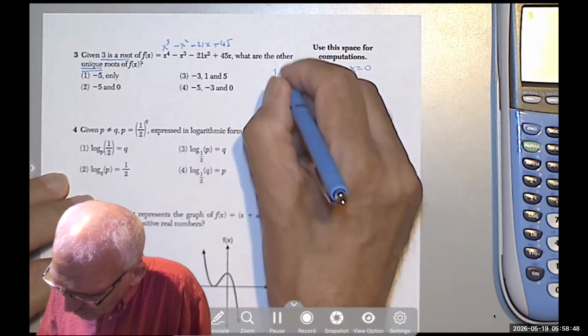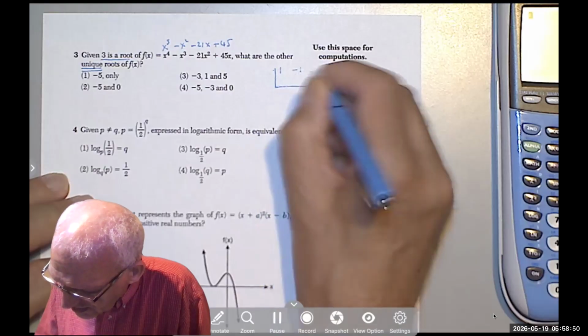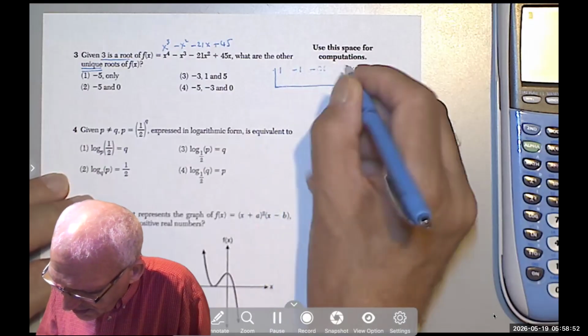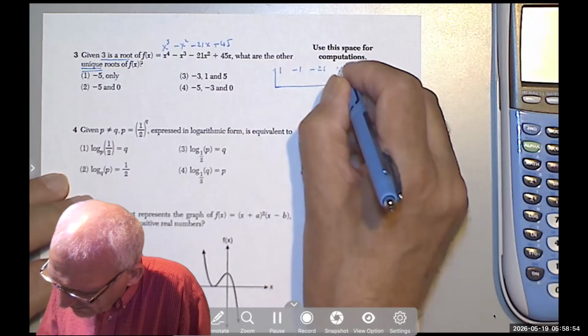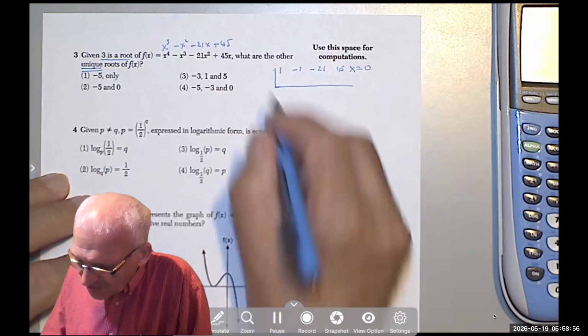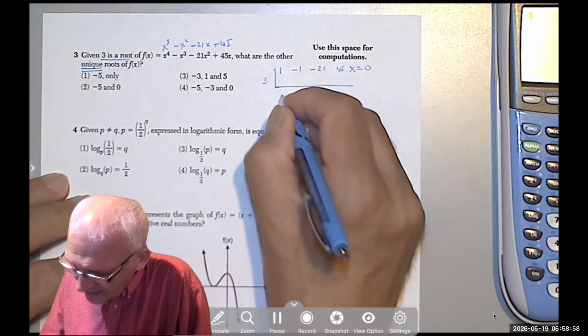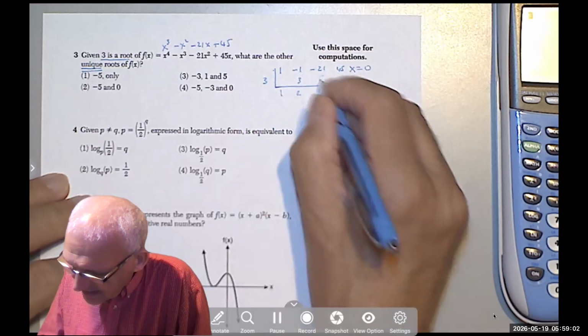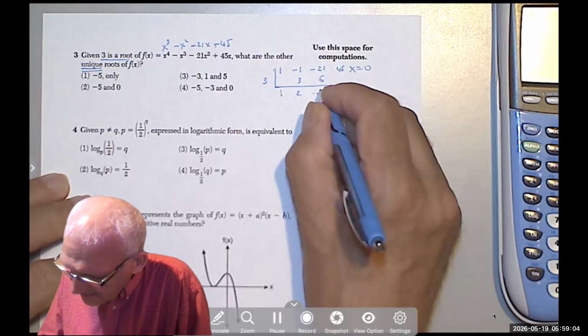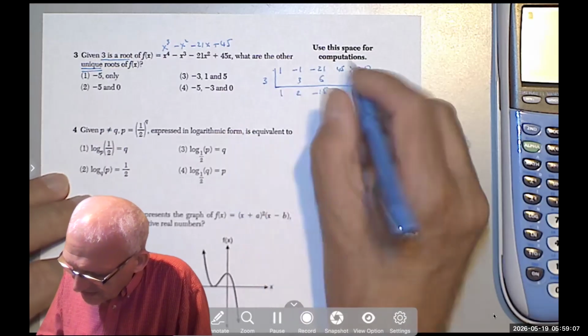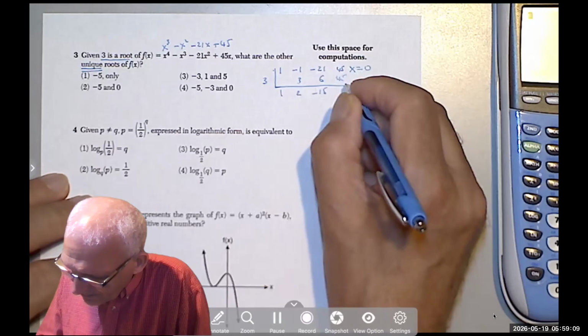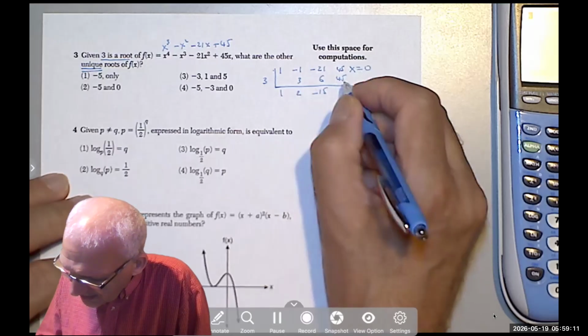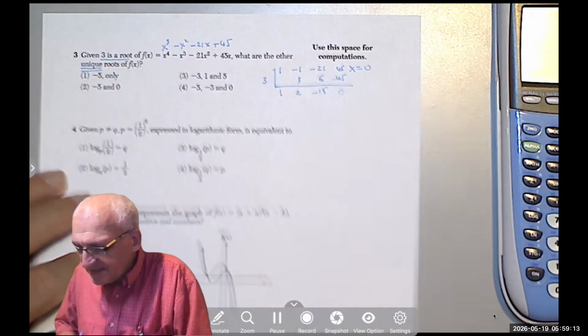So x cubed is 1, x squared is -1, -21, and positive 45. I already know the 3. 1 times 3 is 3, minus 1 is 2. 2 times 3 is 6. -21 would be -15. Times 3 is -45. I add them, I get 0.